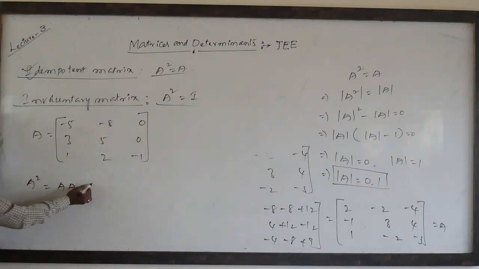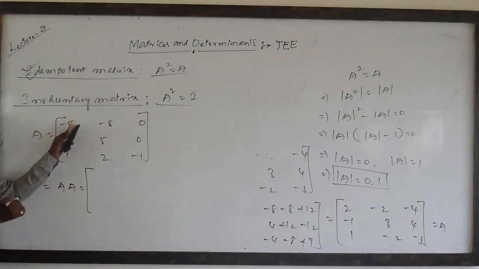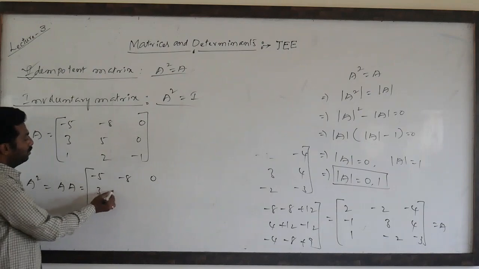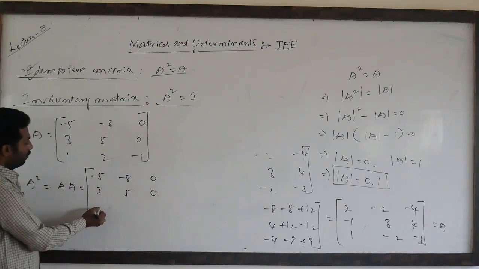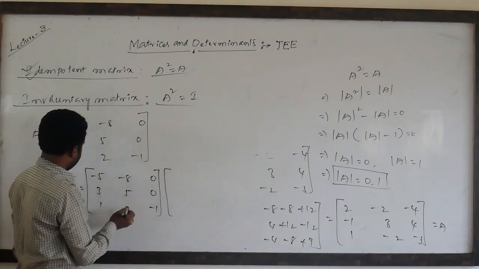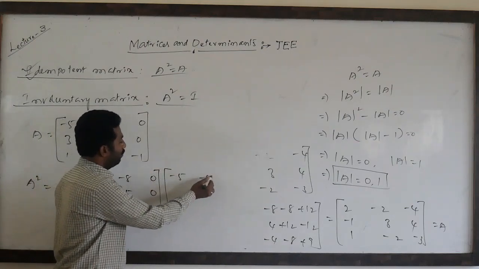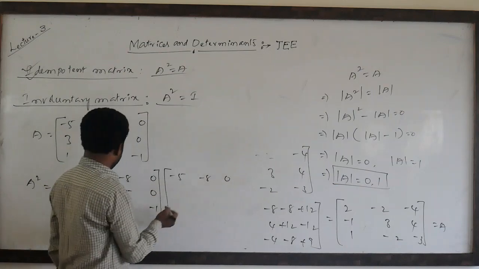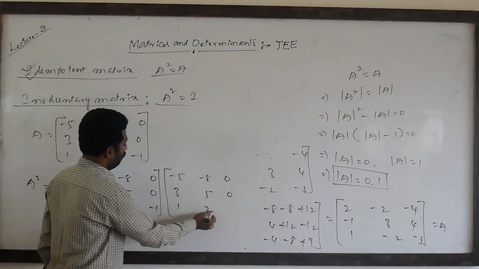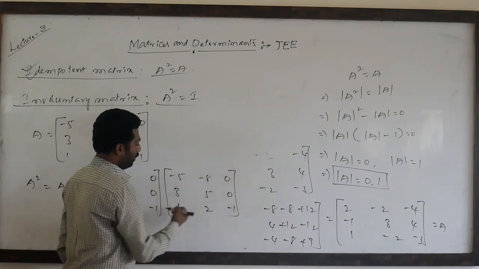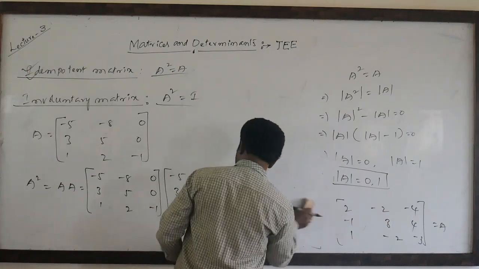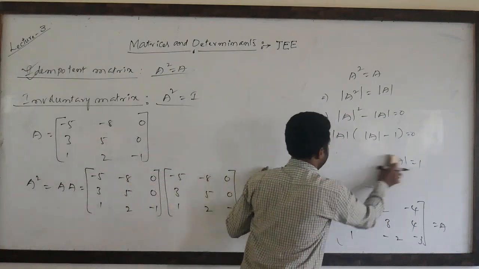A square is nothing but A into A. So minus 5, minus 8, 0, 3, 5, 0, 1, 2, minus 1, times the same matrix again: minus 5, minus 8, 0, 3, 5, 0, 1, 2, minus 1. If you want to check, multiply the corresponding elements, and see what we get.